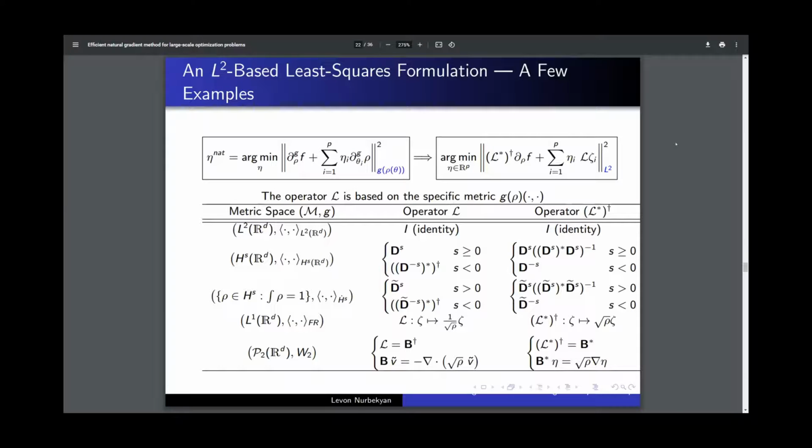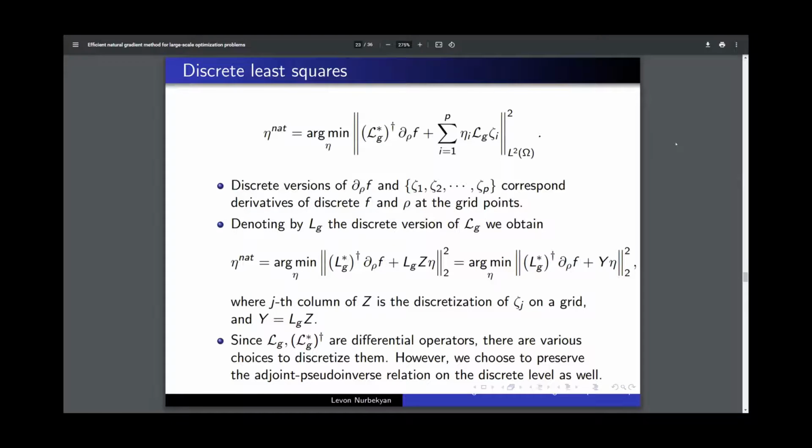The operators at the end are some kind of differential operators, again linear, and you can handle them easily. Also, on the discrete level, once you discretize one of the operators, you obtain a discretization for the other one, and on the discrete level we keep this dual structure of these two operators.